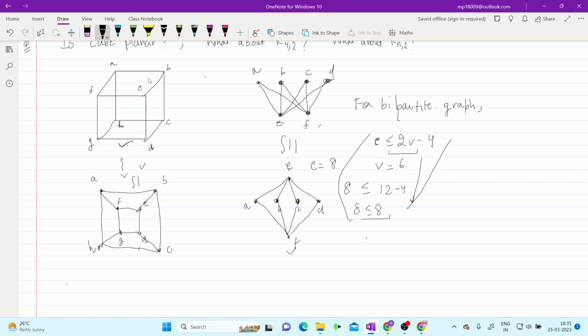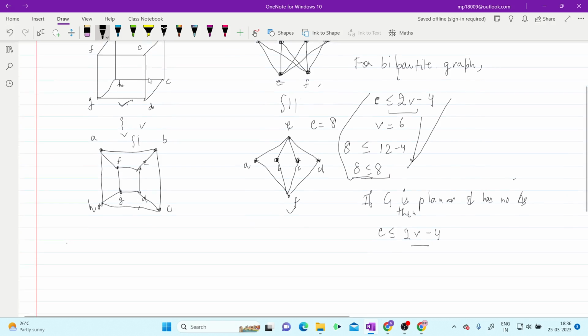The statement is that if G is planar and has no triangles, then E should be less than or equal to 2v minus 4. But it is not the other way around, that if G is a graph with no triangles and E is less than or equal to 2v minus 4, then G should be planar. It is just a one-way condition. So from this inequality we cannot conclude that it is a planar graph.